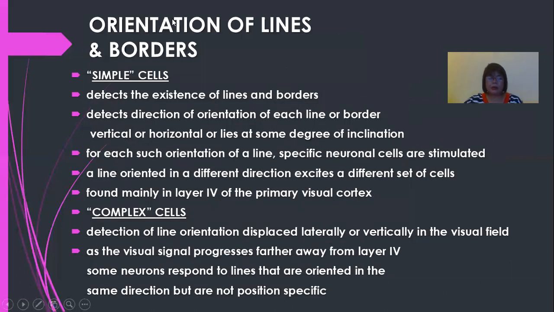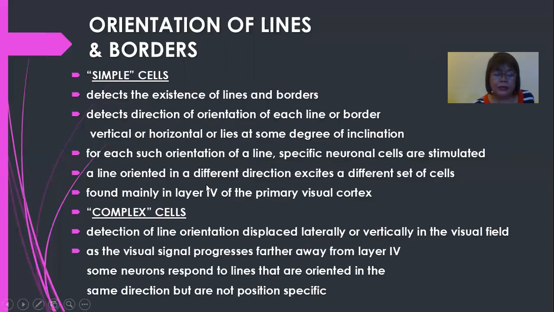Okay. Orientation of lines and borders. The simple cells detect the existence of lines and borders, and detect the direction of orientation of each line or border, vertical or horizontal, or lying at some degree of inclination. For each such orientation of a line, specific neuronal lines are stimulated.